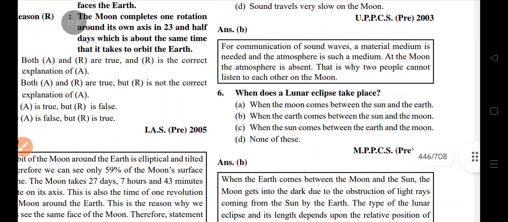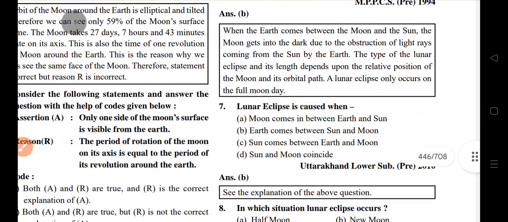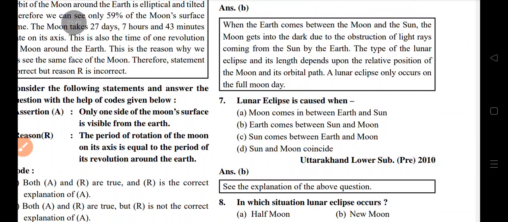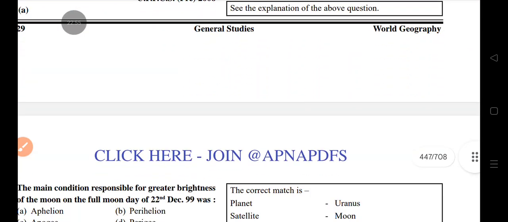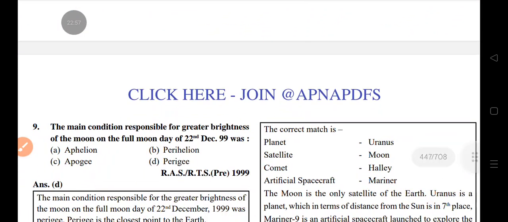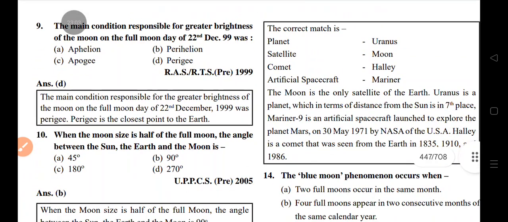Solar eclipse takes place when the moon comes between Sun and Earth. Lunar eclipse is caused when Earth comes between Sun and Moon. Lunar new moon, full moon. 22 December, on the full moon: Perigee.